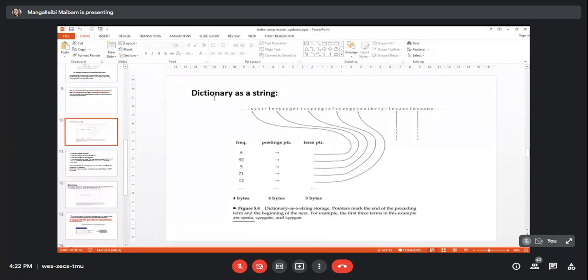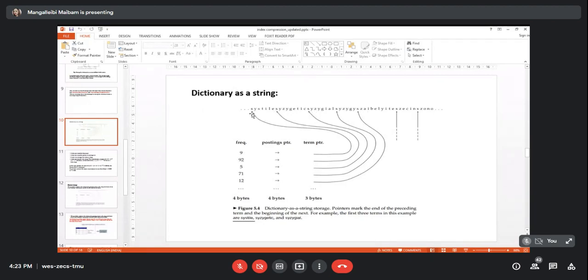So we are considering dictionary as a string. Okay. So one long string. We will be considering the dictionary terms as one long string. Now you can check here. You consider this as a long string, and in this string we have stored the terms.